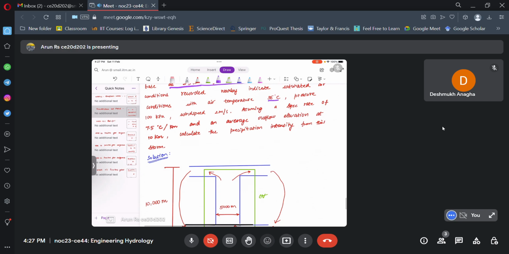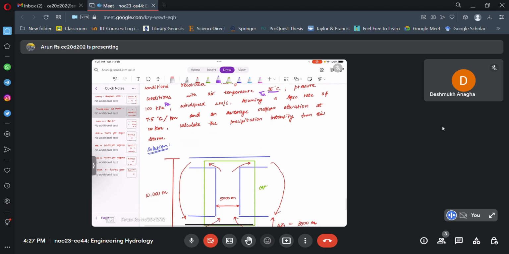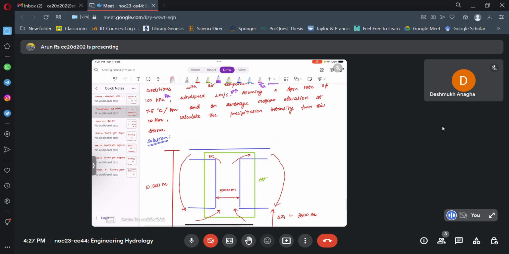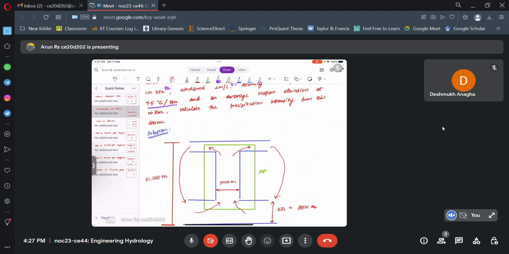They have given the temperature at the ground level and the pressure also at the ground level. This is the wind speed, that is the upward air current that is happening, and they have given the lapse rate as 7.5 degrees per kilometer. So we can calculate the temperature at different levels and an average outflow elevation at 10 km. This is the total height of the thunderstorm model.